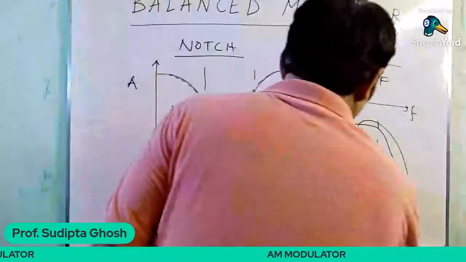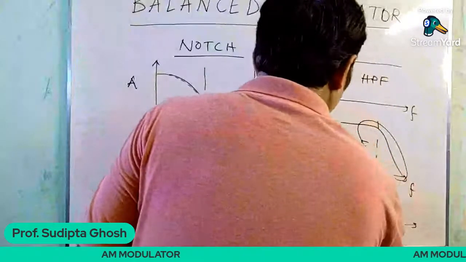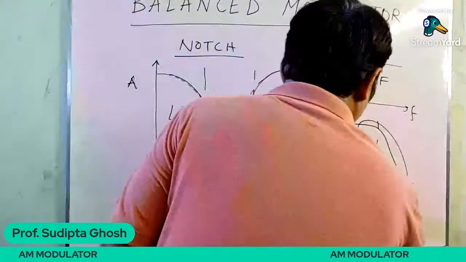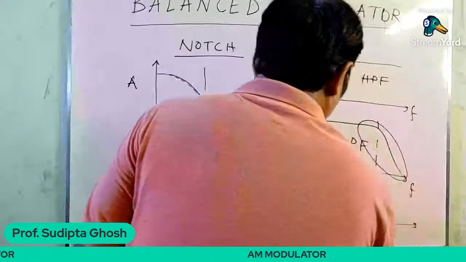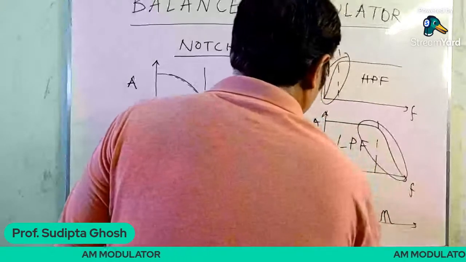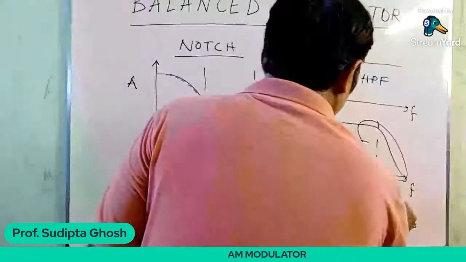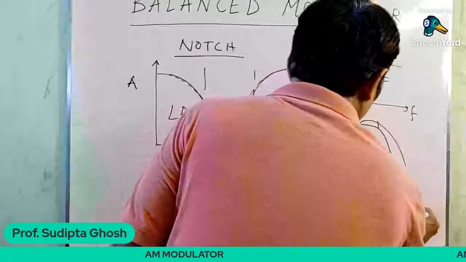Let it look like this. So this one is our carrier, this one is the upper sideband, and this one is the lower sideband.